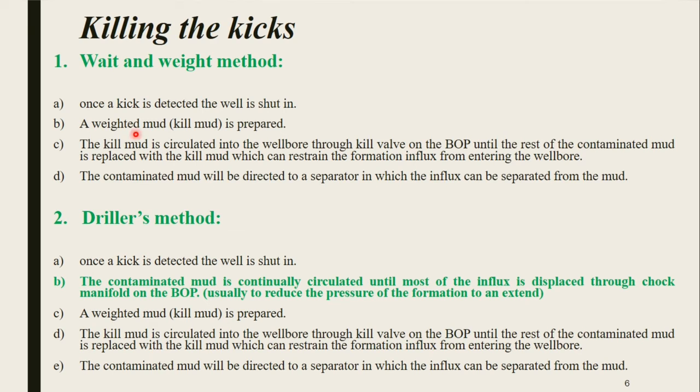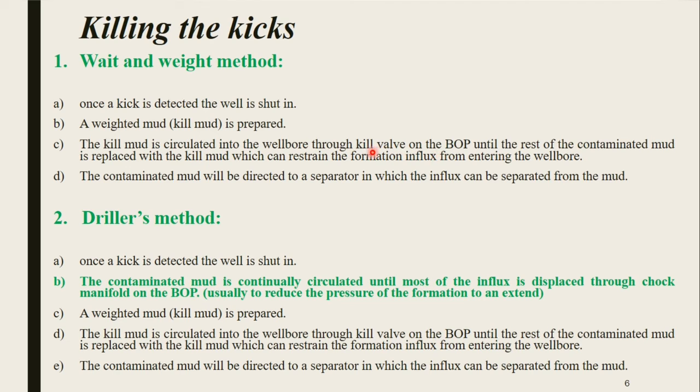Well, you see, in the weight and wait method, first, once a kick is detected, the well is shut in, and then a weighted mud or kill mud is prepared in order to kill the kick with. So the kill mud is circulated into the wellbore through a kill valve on the BOP.